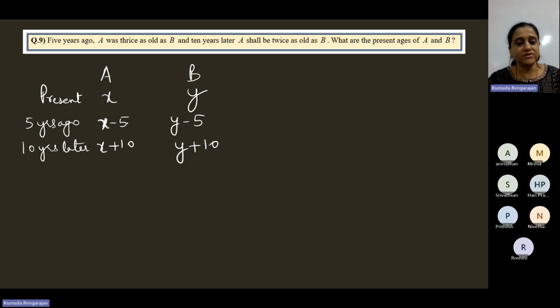X minus 5 is 5 years ago, Y minus 5 is 5 years ago, X plus 10 is 10 years later. Say your present age is 15 years. 5 years ago, 15 minus 5, 10. 10 years later, 15 plus 10, 25.